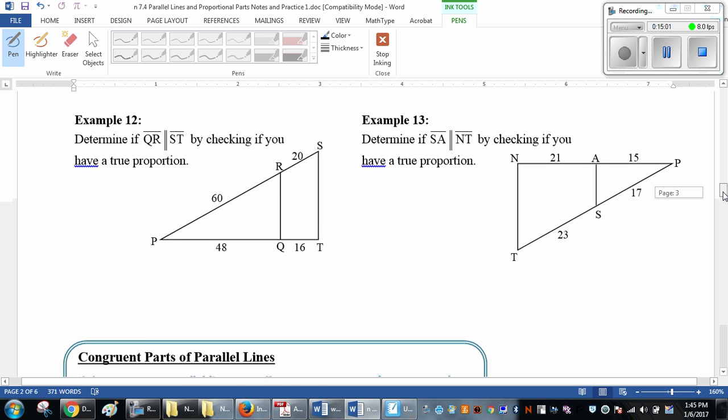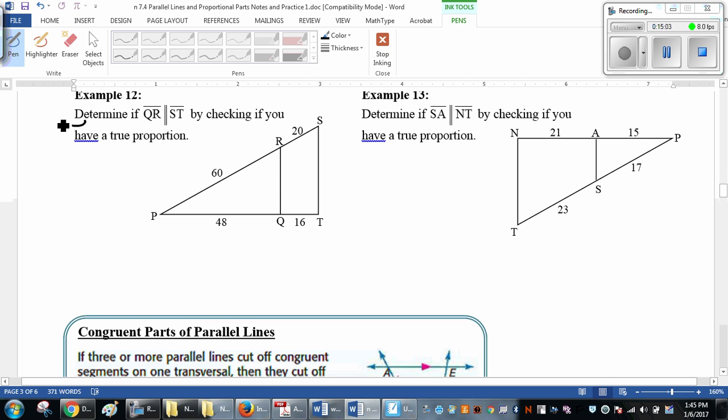Example 12. Now, this is asking us to determine whether it's parallel. We don't know it's parallel right now. But if the sides are proportional, or those pieces are proportional, then we know that it's going to be parallel. So we can prove it. Okay, so what we're going to do is set up two ratios and see if they're the same. So take that top piece, 60 over 20, equals 3.